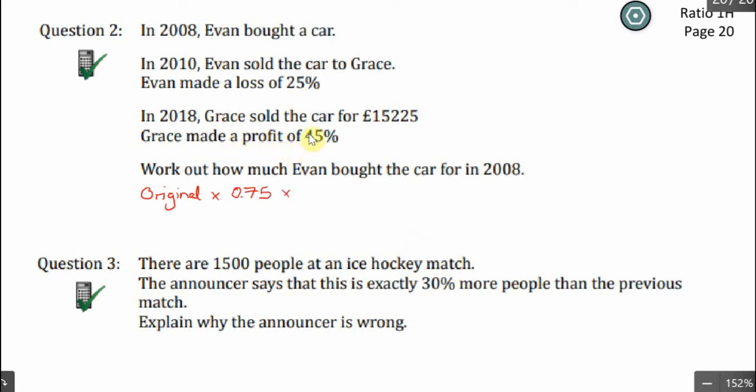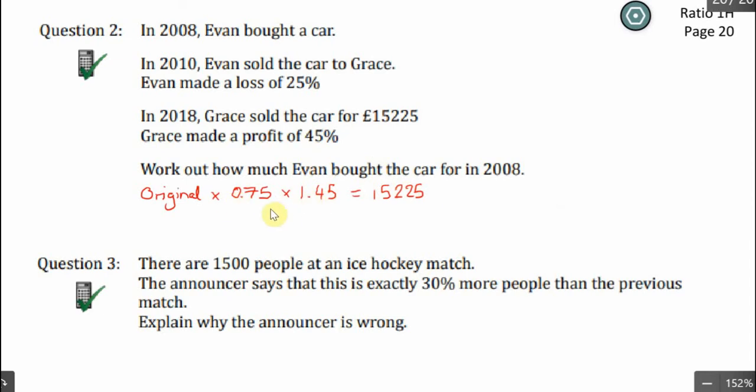We then increase the cost of the car by 45%. So to increase by 45%, that would give us 1.45 as a decimal, and that gives us an answer of £15,225. So to find the original cost, we just need to undo this.